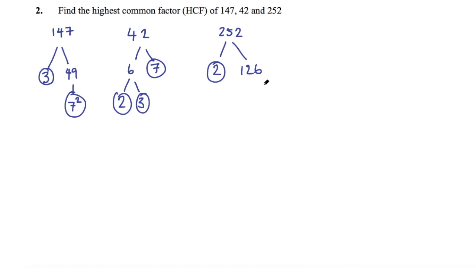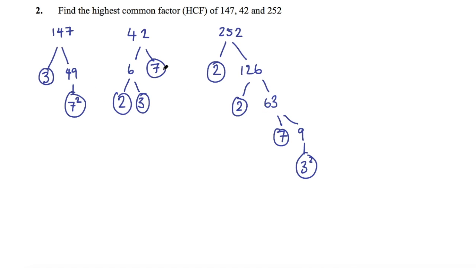So 2 is a prime factor, and then 126 would be 63 times 2. 2 times 60 is 120, so 63 times 2 must be 126. So that's going to be 2 times 63. And then 63 I know is 7 times 9, and then 9 is 3 squared.